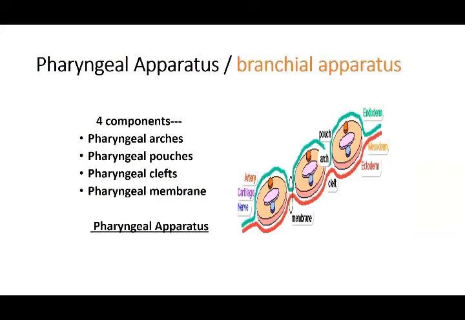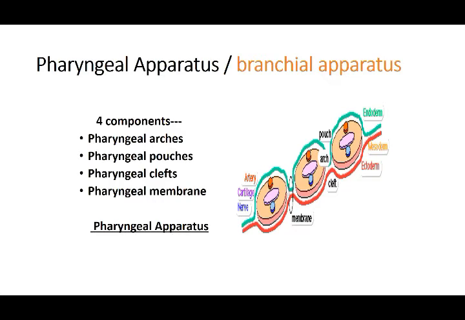If you see this picture, the inner side is this pouch that is outpopping, the endodermal layer, which we call the pharyngeal pouch. Then in the center, the round structure that you see is your pharyngeal arch. Collectively, all the layers are not given the name pharyngeal arch, but rather pharyngeal apparatus.